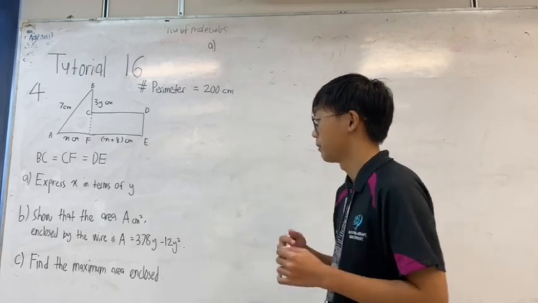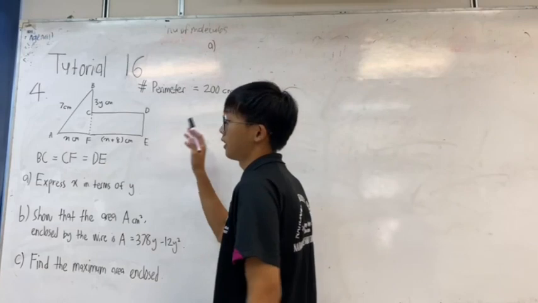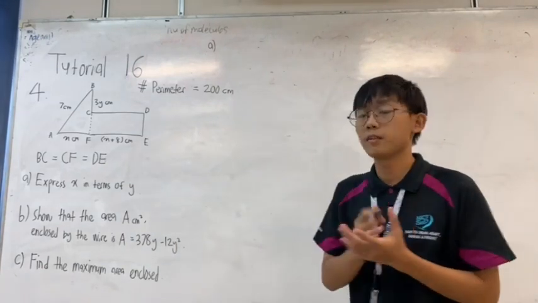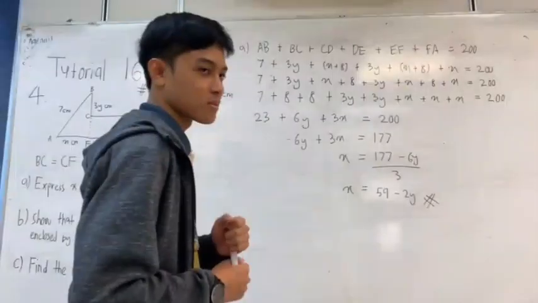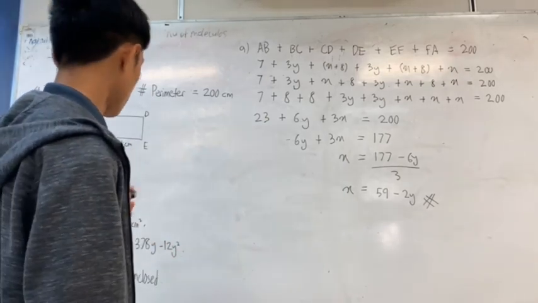And lastly, find the maximum area enclosed, which means we have to find the values of x and y at its maximum value, and the perimeter is still equal to 200 centimeters. Okay. So after that, I explained what to find from each question.